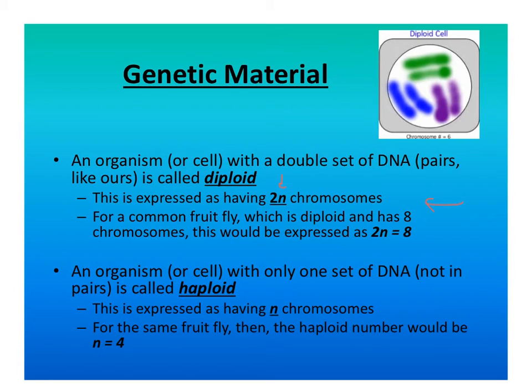So a haploid cell we would express as N instead of 2N, and it would be half the diploid number, right? So for the same fruit fly that we saw above, haploid number would be N equals 4, and the diploid or doubled number would be 2N equals 8. For humans, haploid number would be 23, or N equals 23, and so the diploid number would be 2N equals 46.